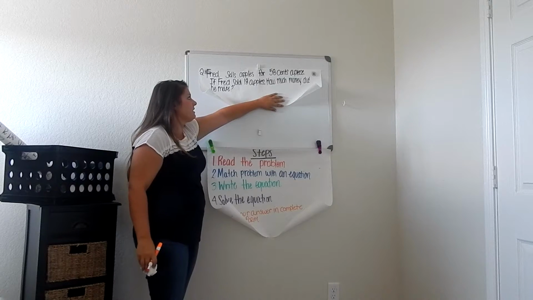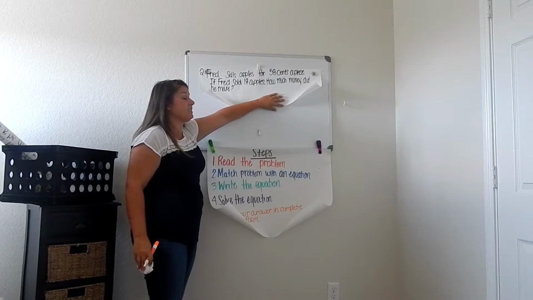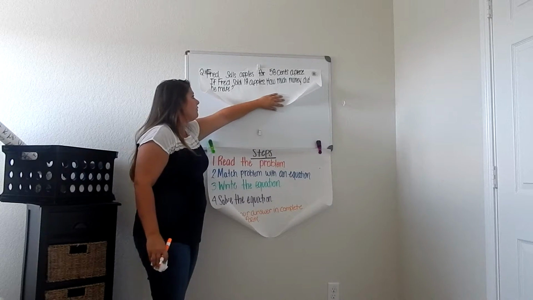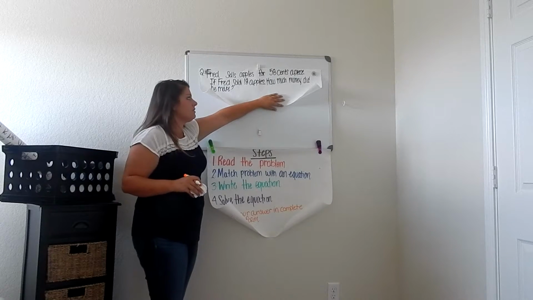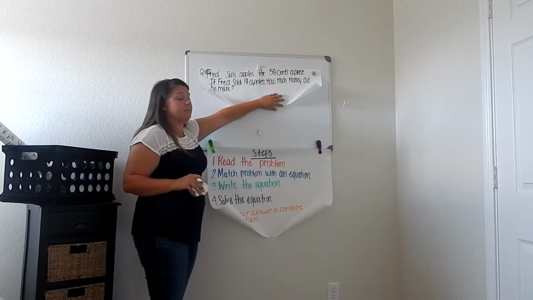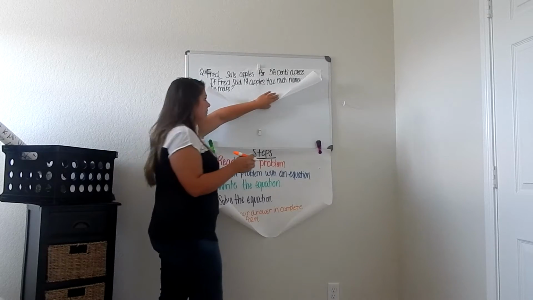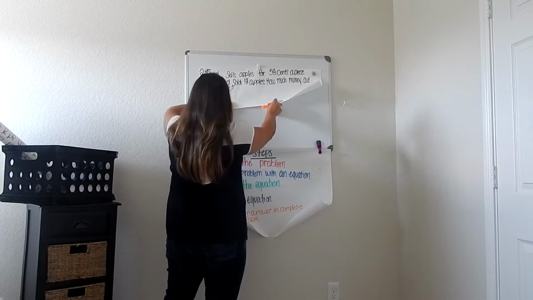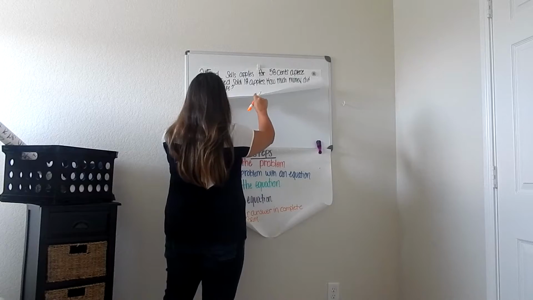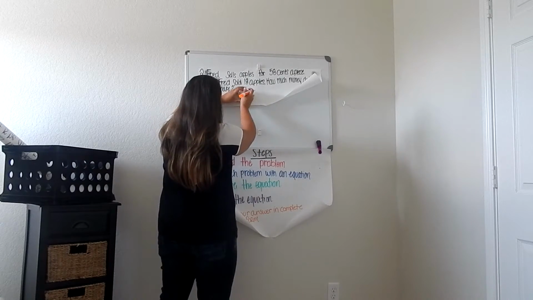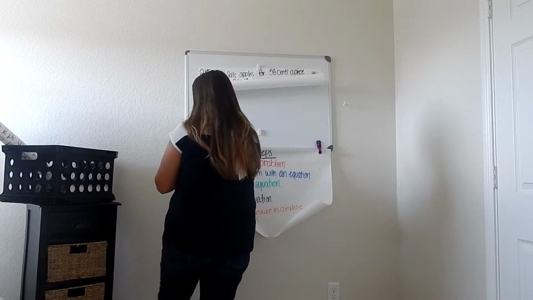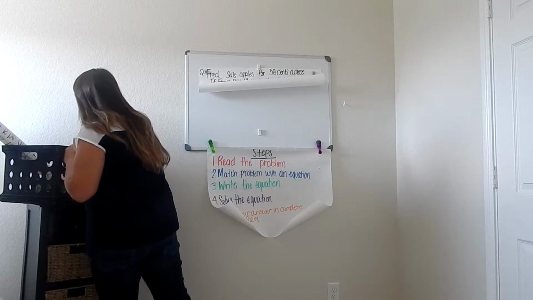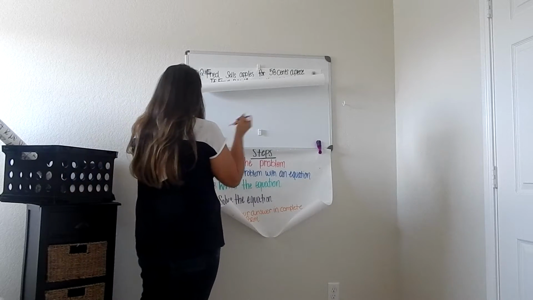It says, Fred sells apples for 58 cents a piece. If Fred sold 18 apples, how much money did he make? Okay, so let's see. All right, so our first step, let me get the other marker so you can see the steps in color code.